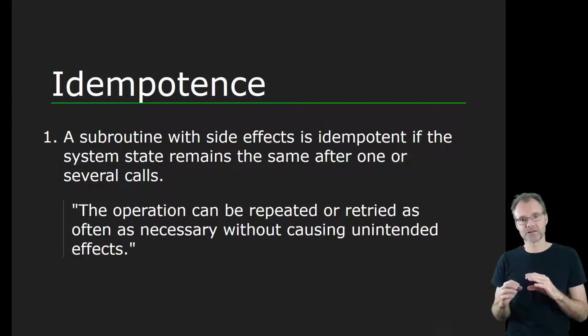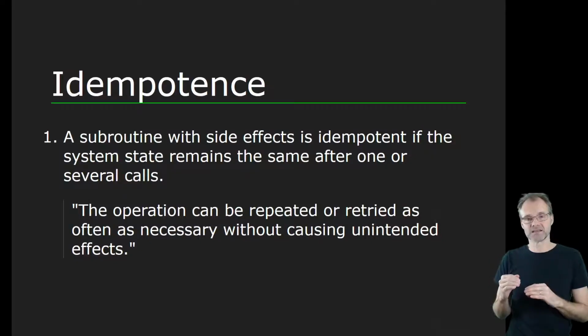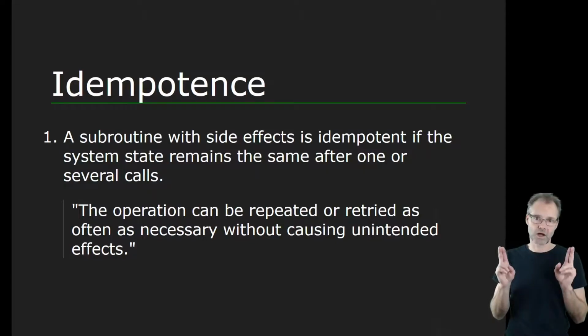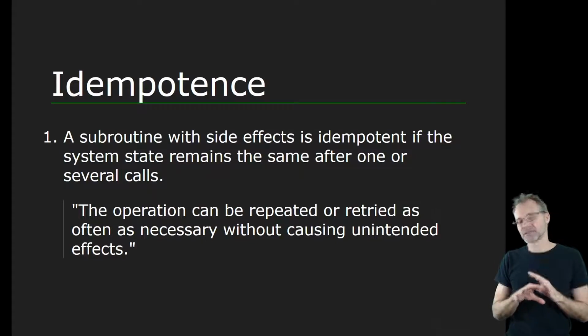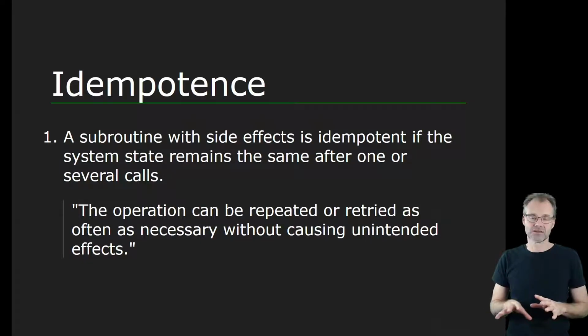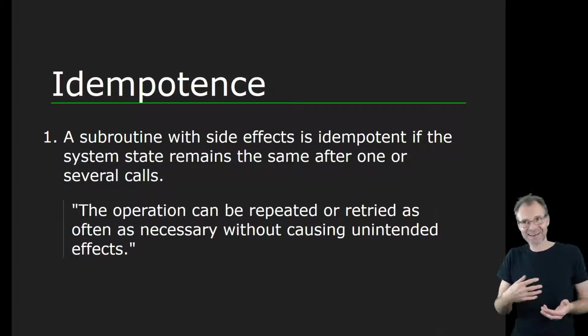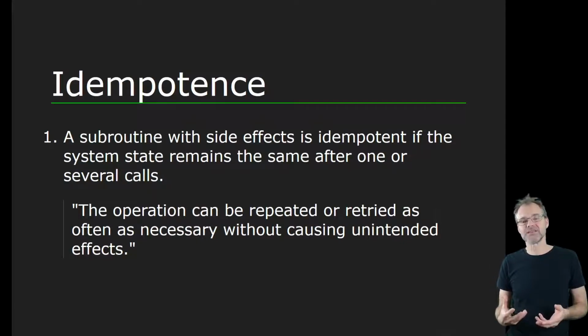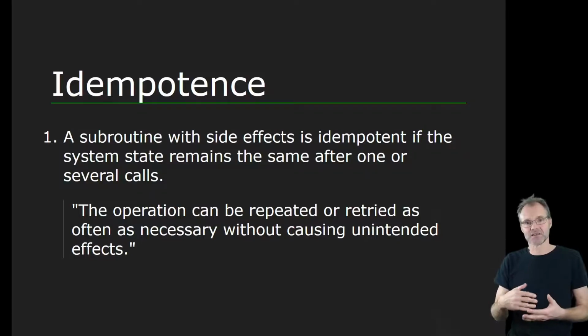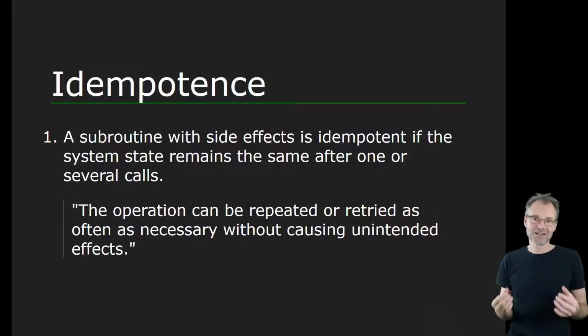So the side effect remains the same independently on how many times I have called this function. So we change the state once, but then it's the same state. So if I have that, I have an idempotent function. And yeah, it might be a bit easier to unit test an idempotent function than to test a function that is always changing the application states. So small differences, but could be good to know.